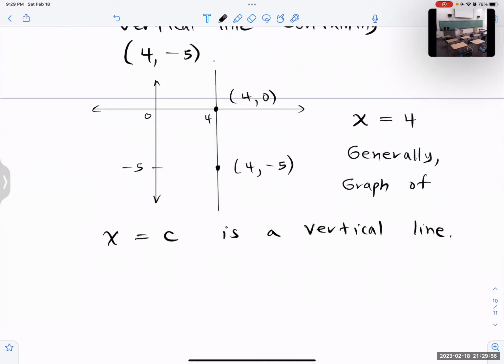In a similar way, the graph of y equals a constant is always a horizontal line with a slope of 0.